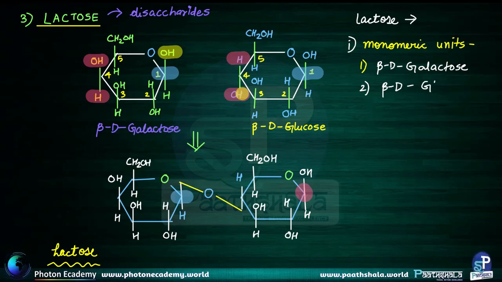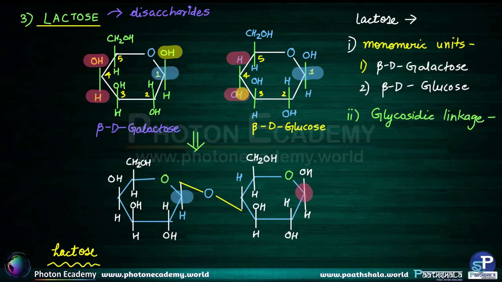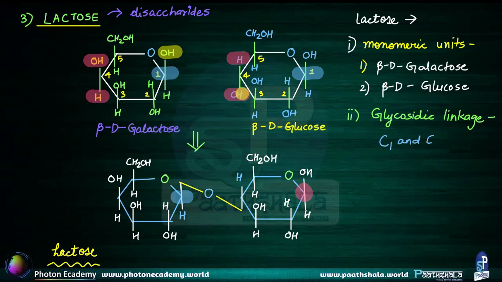The second thing to be seen over here is the glycosidic linkage, which is between C1 and C4. I am assuming that you know that C1 belongs to beta D galactose and C4 belongs to beta D glucose. So this is the glycosidic linkage.